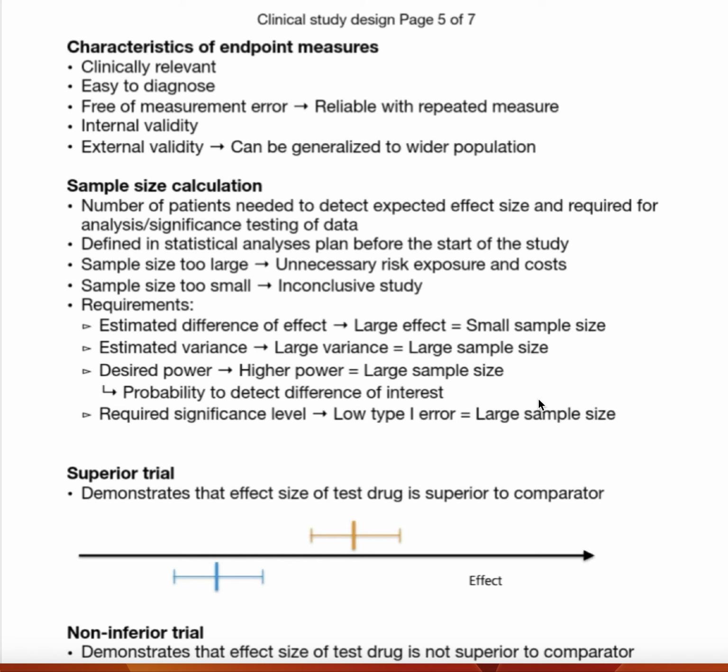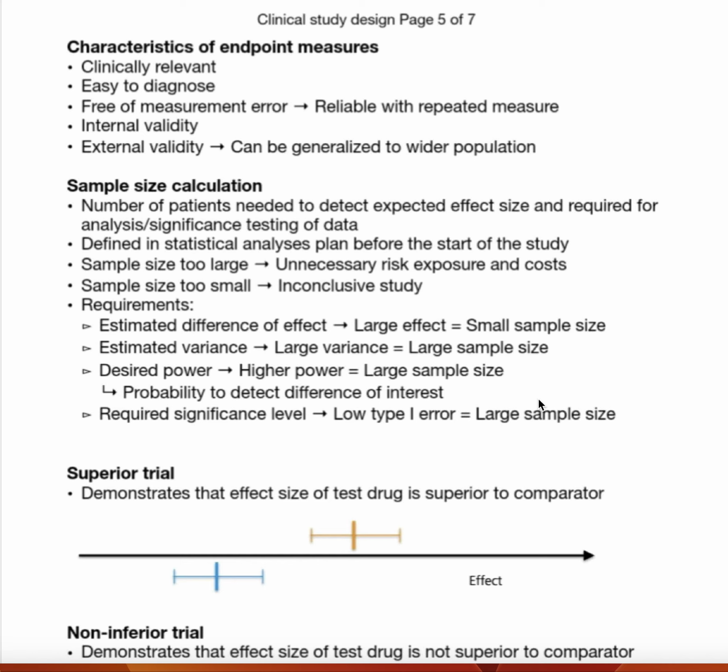What are the requirements for the sample size calculation? Estimated difference of the effect. Large effect, so we need a small sample size. Estimated variance. Large variance, so we have a large sample size. That's exactly what we mean by the requirements, okay?